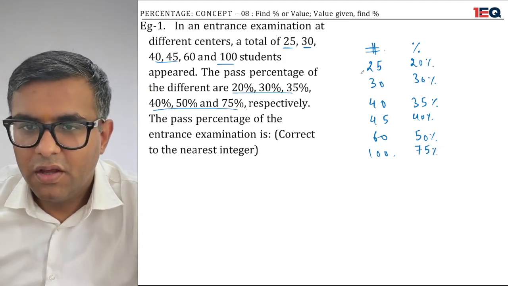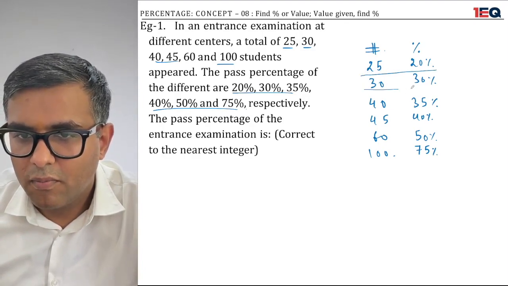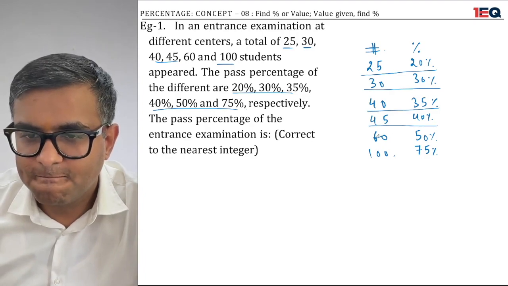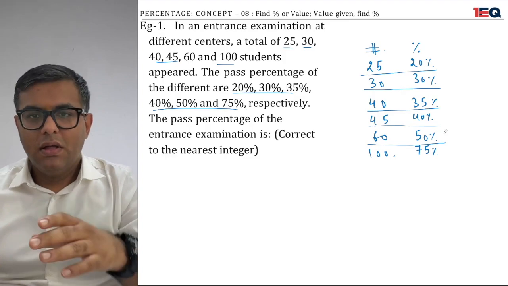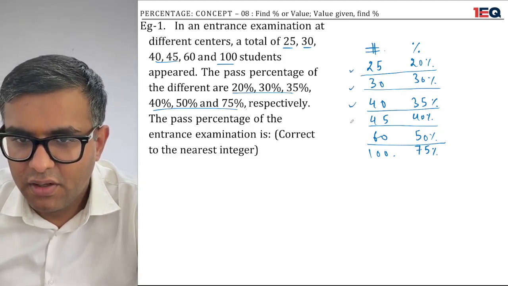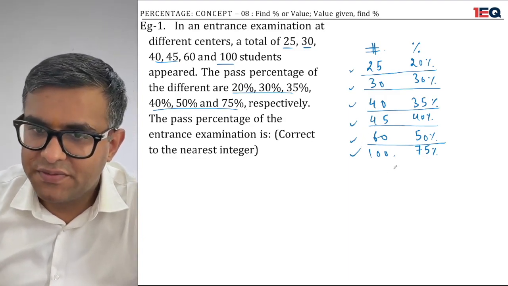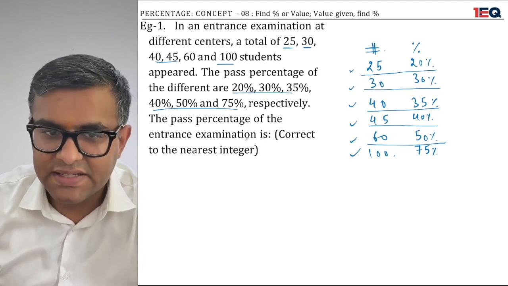If you check over here, these are six groups of students which went: first, second, third, fourth, fifth, and sixth. The answer that is being asked is the pass percentage of the entire entrance examination.